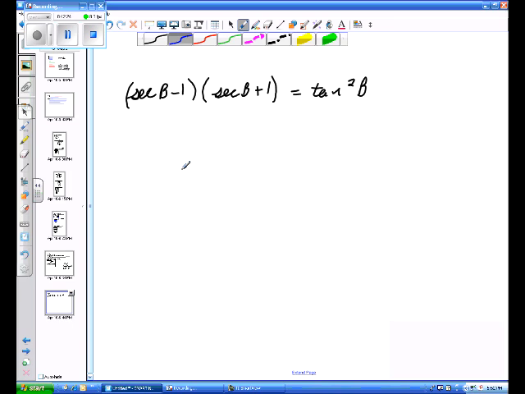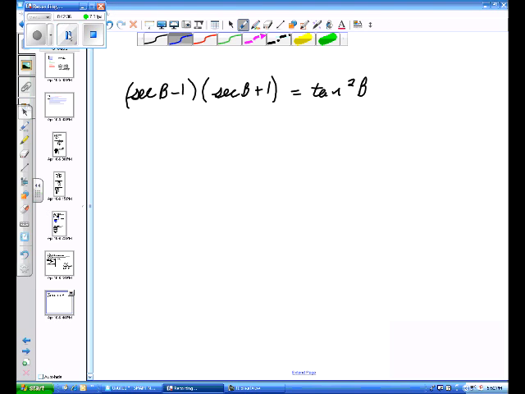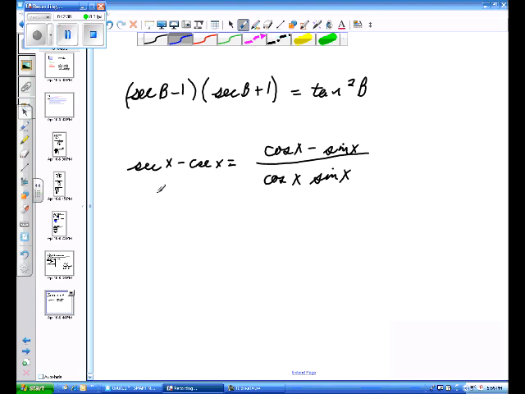Okay, let's say that we've got, okay, let's take this one. Secant x minus cosecant x equals cosine x minus sine x over cosine x times sine x. And we want to know, is this an identity?